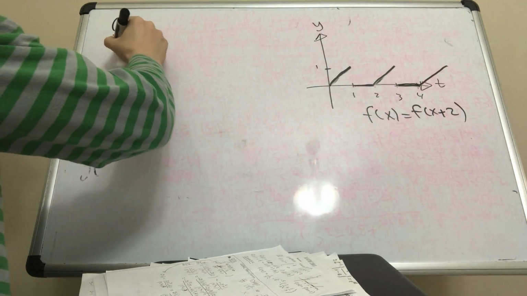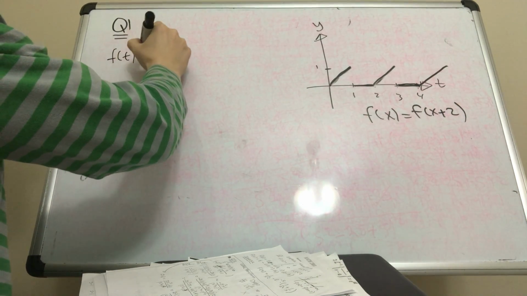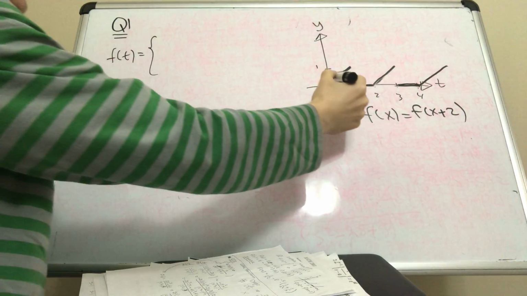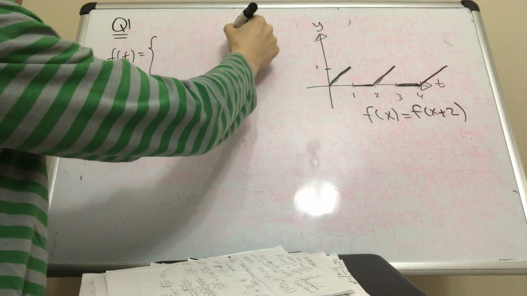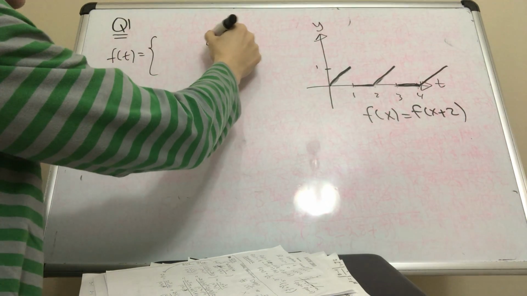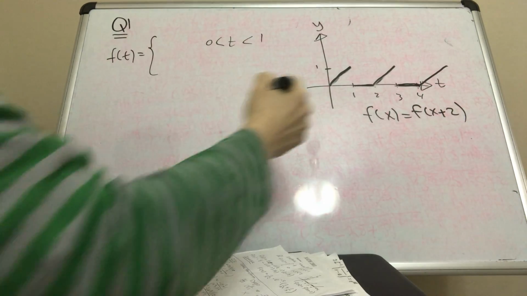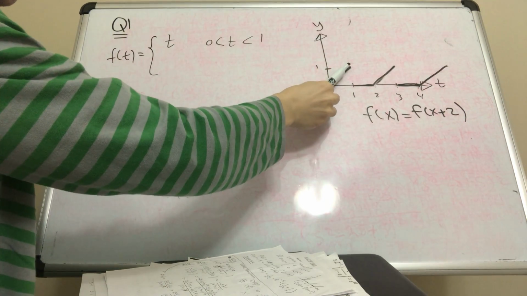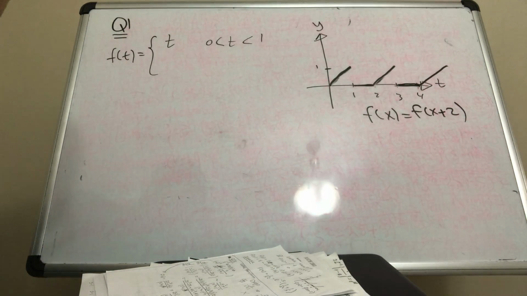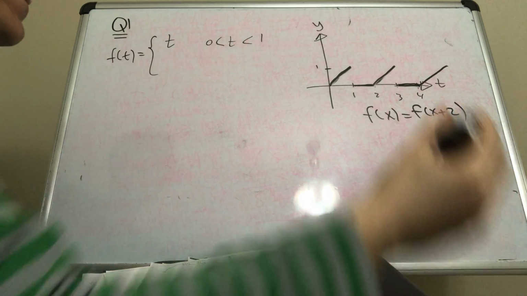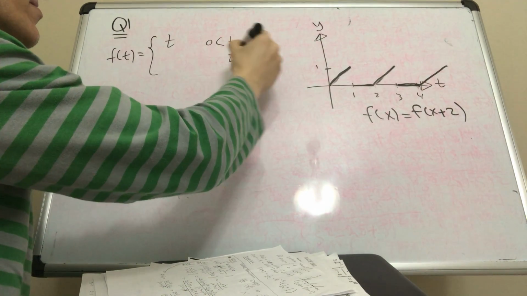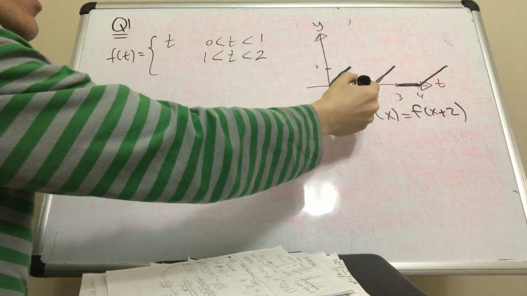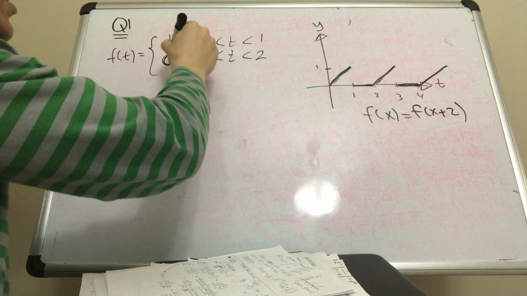Now, in my answer, I said, in this portion, where it's between 0 and 1, the function is t, because that's a straight line going up, equation is t. Then from 1 to 2, there is nothing, so I said 0.